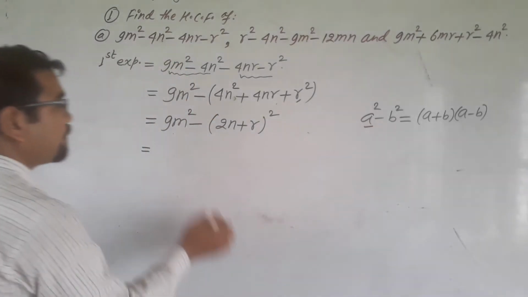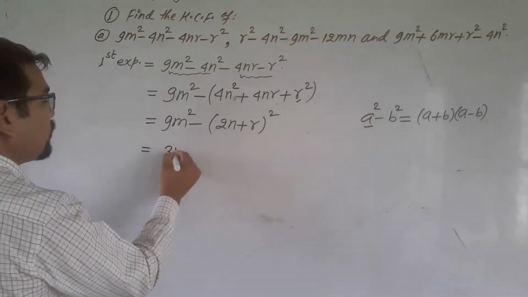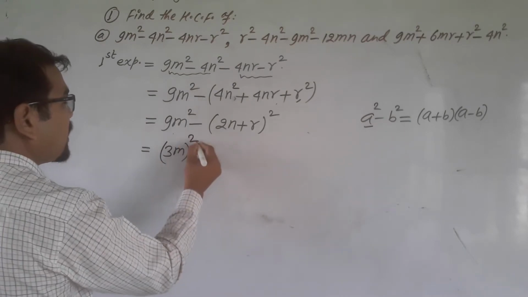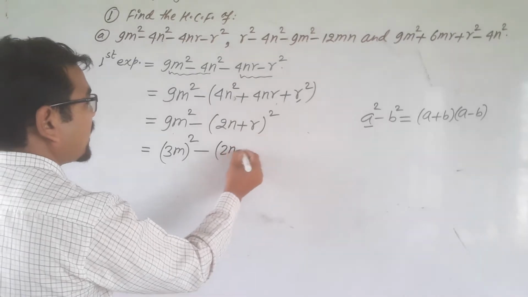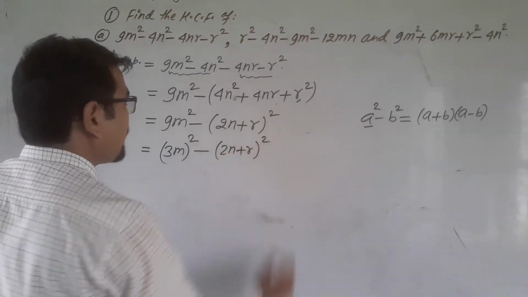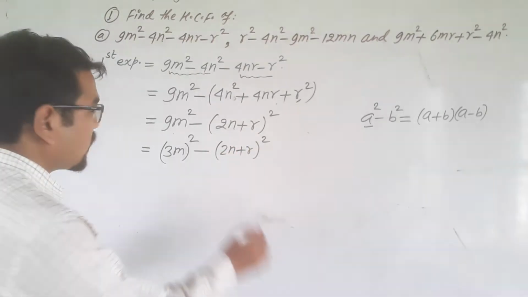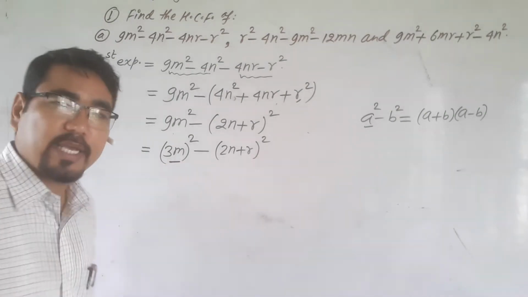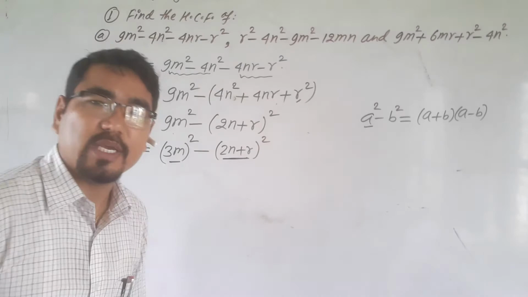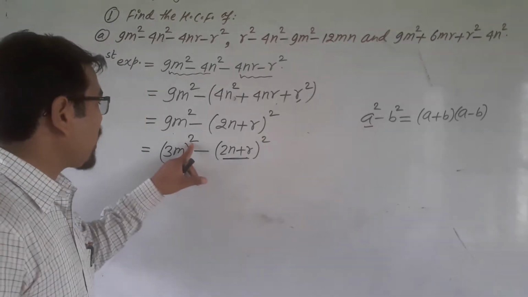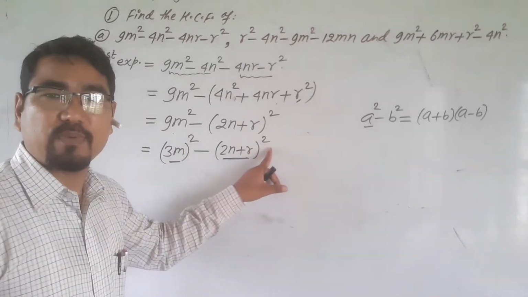Let's write 9m square as 3m whole square, minus 2n plus r whole square, same as it is. Now you have to consider 3m as a and 2n plus r as b. That is how the a square minus b square formula applies here.